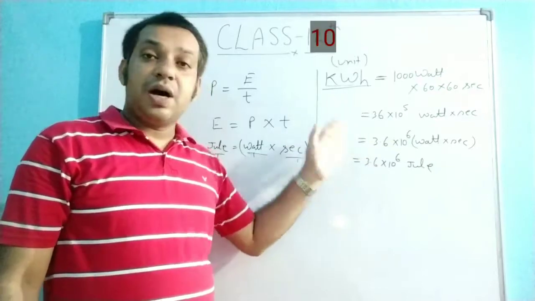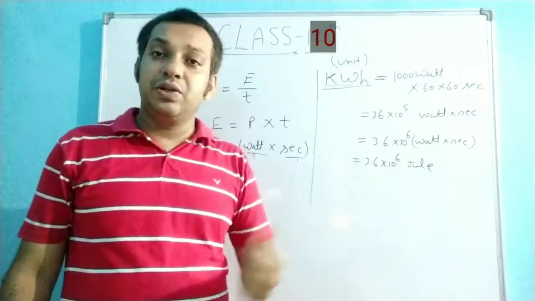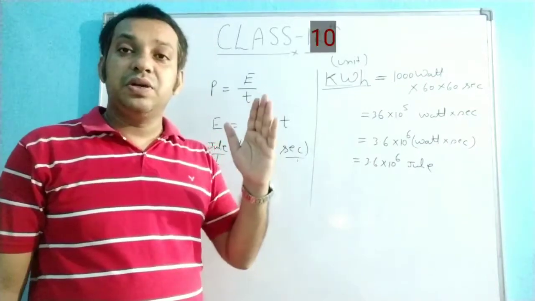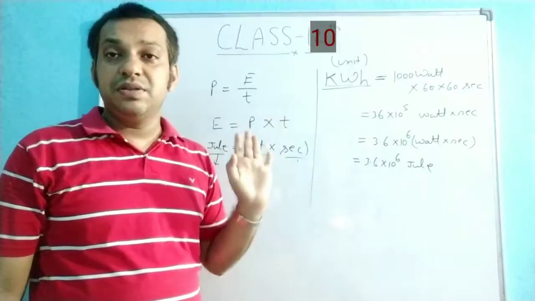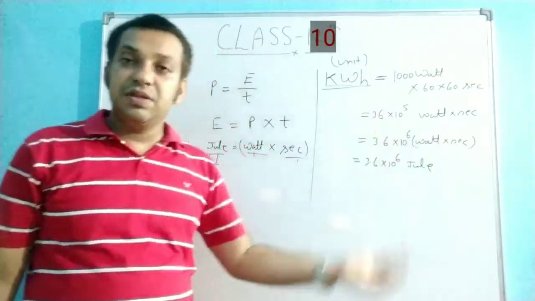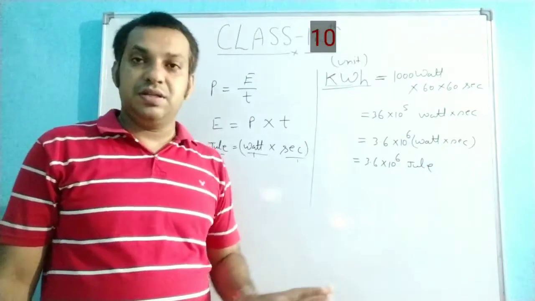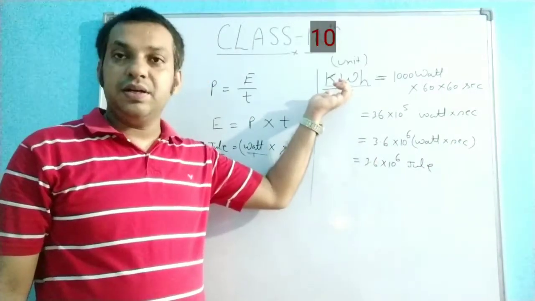Generally a simple house consumes around 200 units. If you measure that in joules, how large a value is that? That is why the joule is not the conventional way to measure energy consumption, and you measure in kilowatt hours, in units.